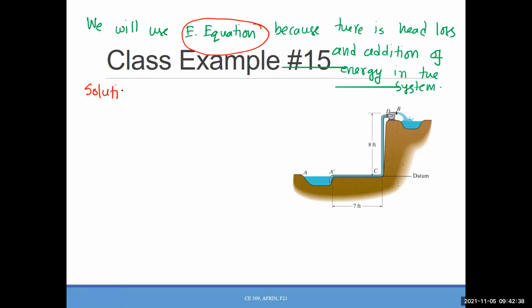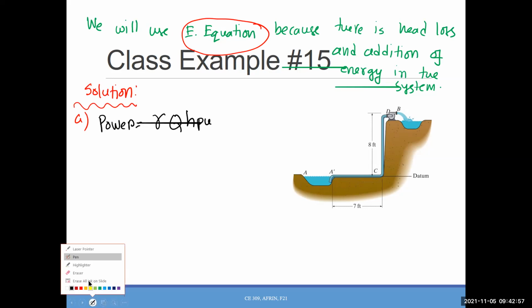Now the solution for A. We needed to find the power, so gamma Q H pump. We need to calculate the power for the pump.